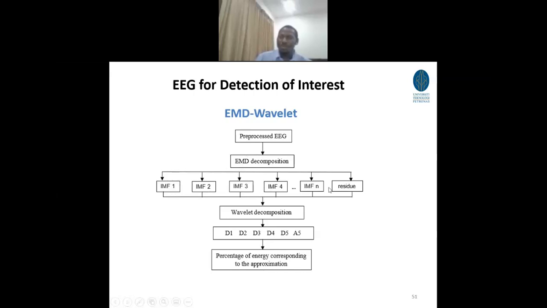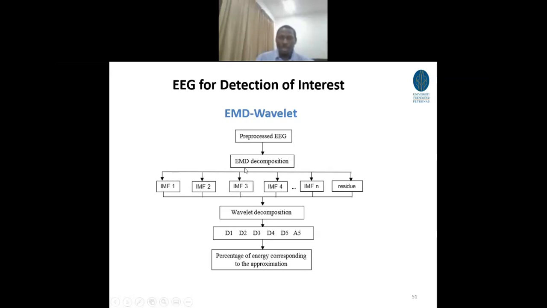Okay? These are the coefficients, I mean, the different functions that you get. If you remember, you have a sum of CIs, and then you have a residue, which is R. Now, initially, what we did was just using this decomposition to do the classification. And then we do same thing, but instead of EMD, we just use wavelet.